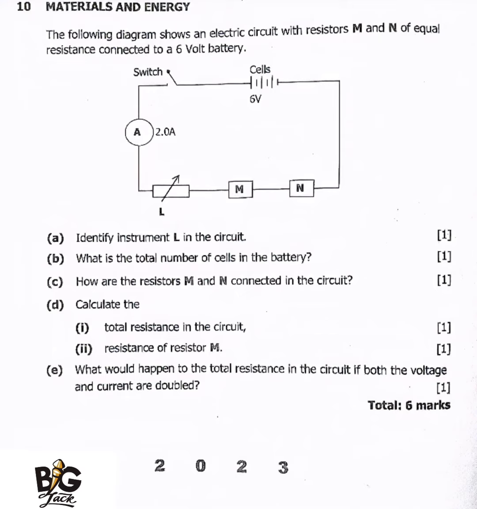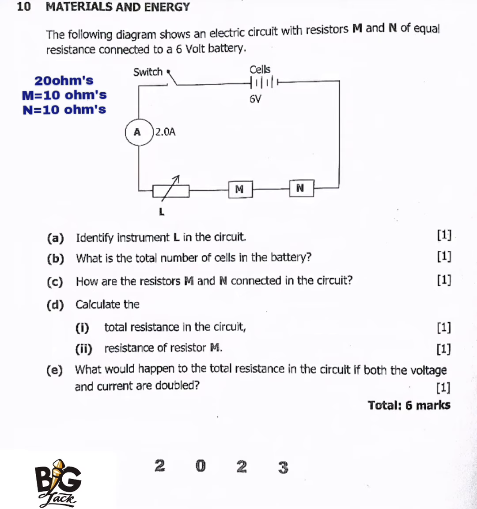Let's have an example. If the total resistance of these two resistors is 20 ohms, since resistance is measured in ohms, then for us to know the resistance of each resistor, we need to divide 20 ohms by 2.